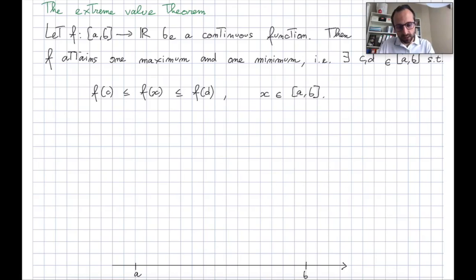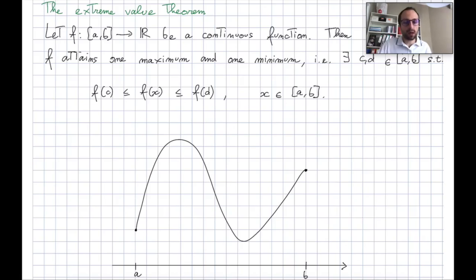It's very important that the values a and b are included in the interval, which means that we start somewhere from f of a here and we end up somewhere else, f of b here.